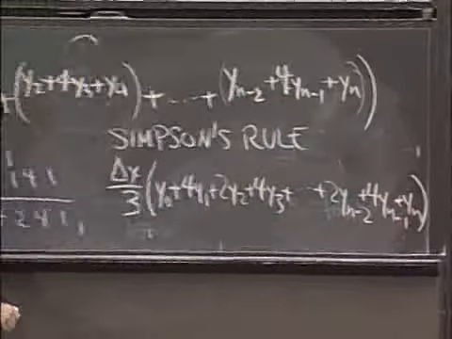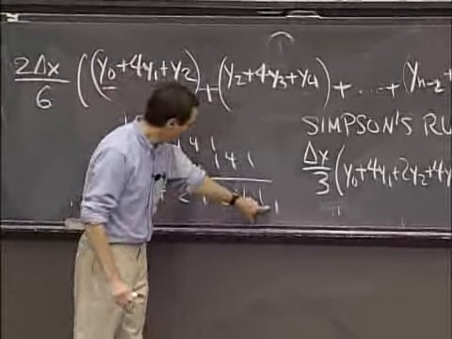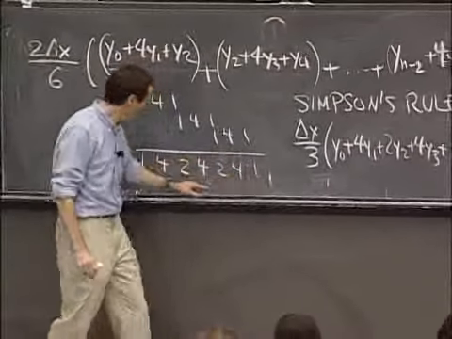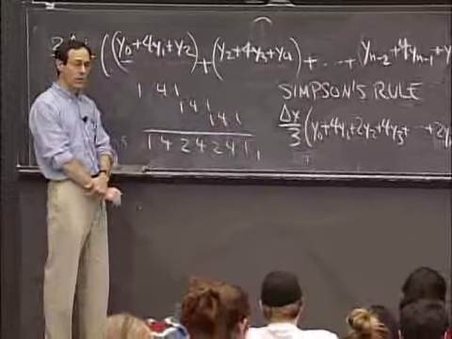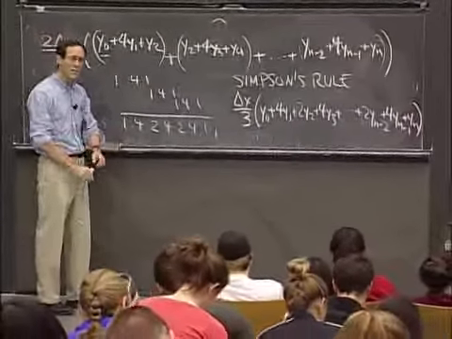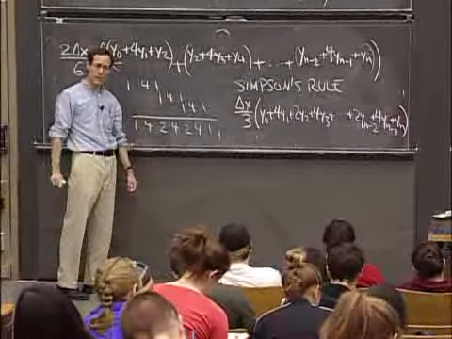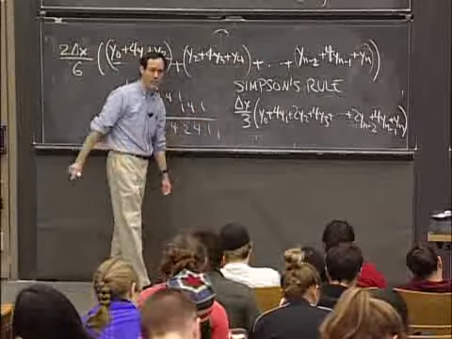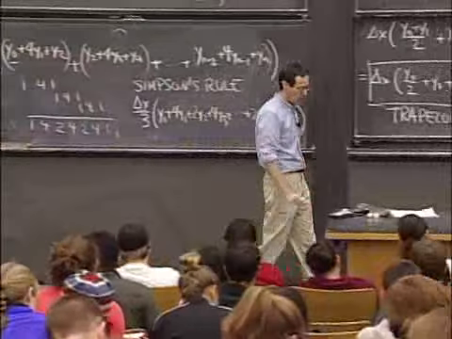So again, a 1 and a 4 to start, a 4 and a 1 to end, and then alternating 2s and 4s in the middle. And this weird weighted average is way better, as I will show you next time.